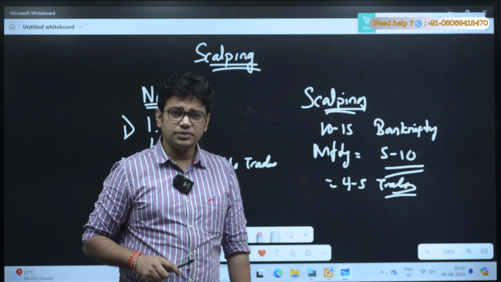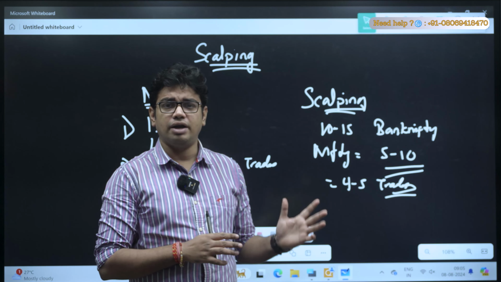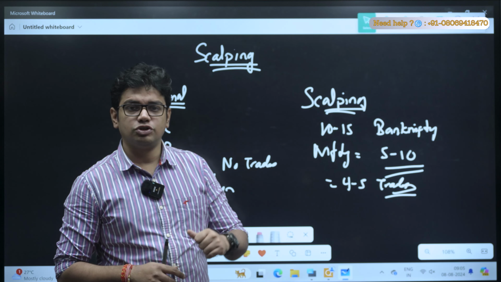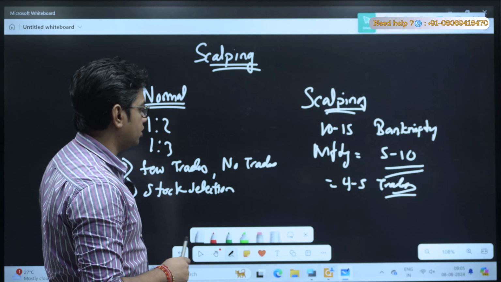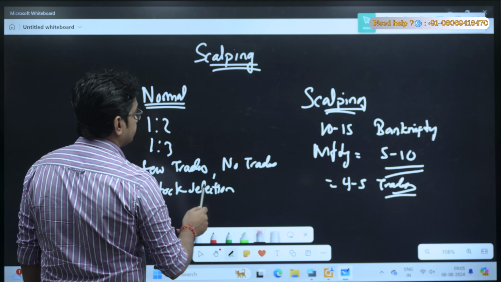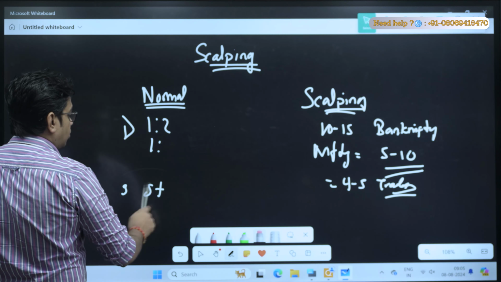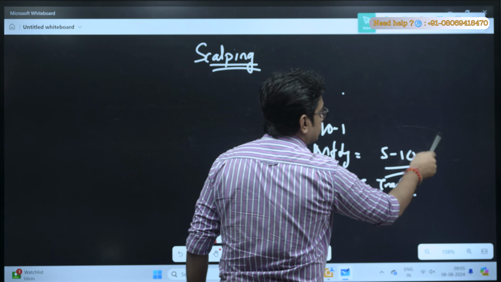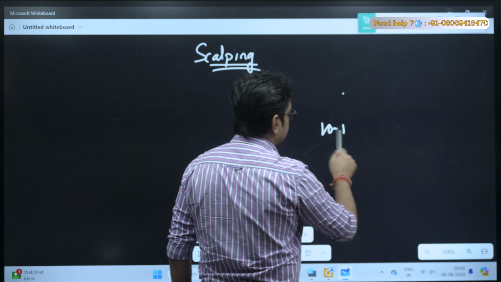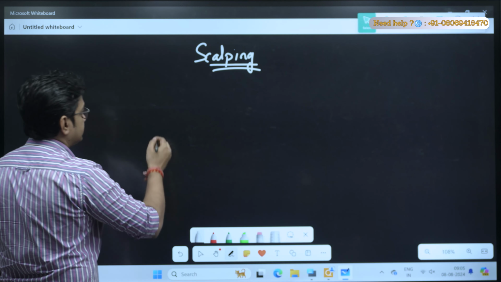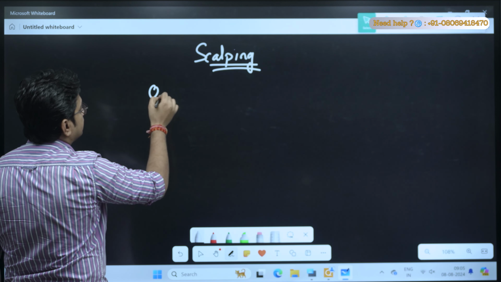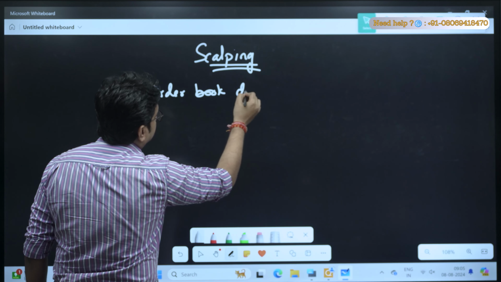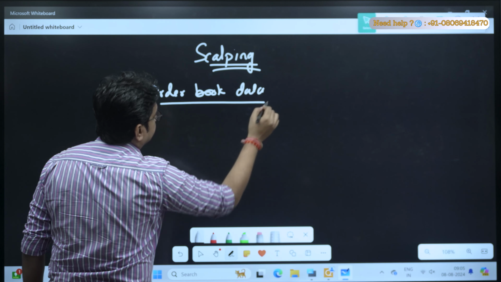Now let me show you how I do scalping and what the order book is. I will show you how to do scalping using the order book data. The order book data will give you an idea about buyers and sellers. Let me type it down: order book data.